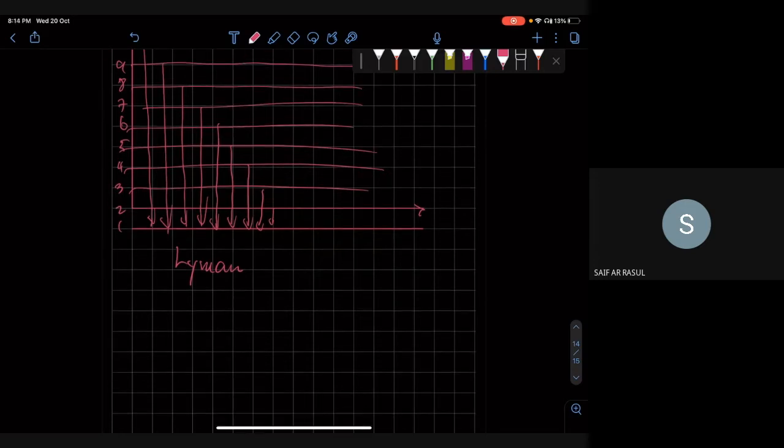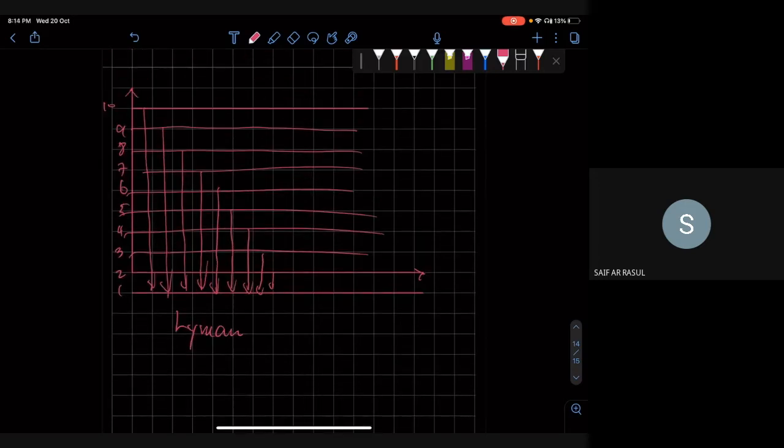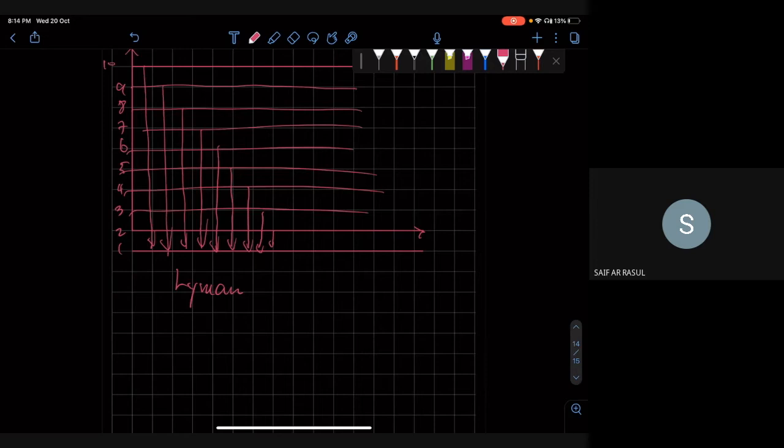Similarly, there are the transitions to the second level, known as the Balmer series. And there are a few others. These are named after people who found them through experiments.